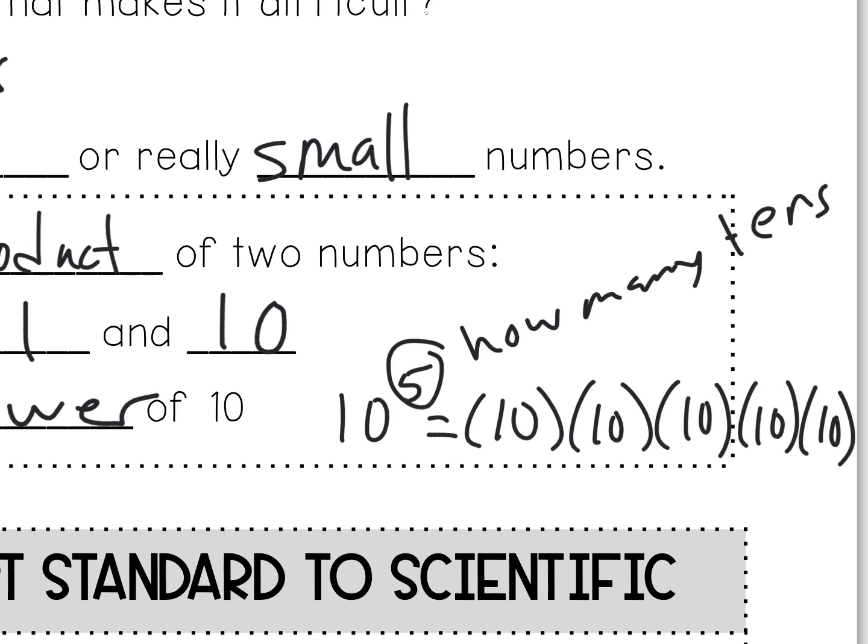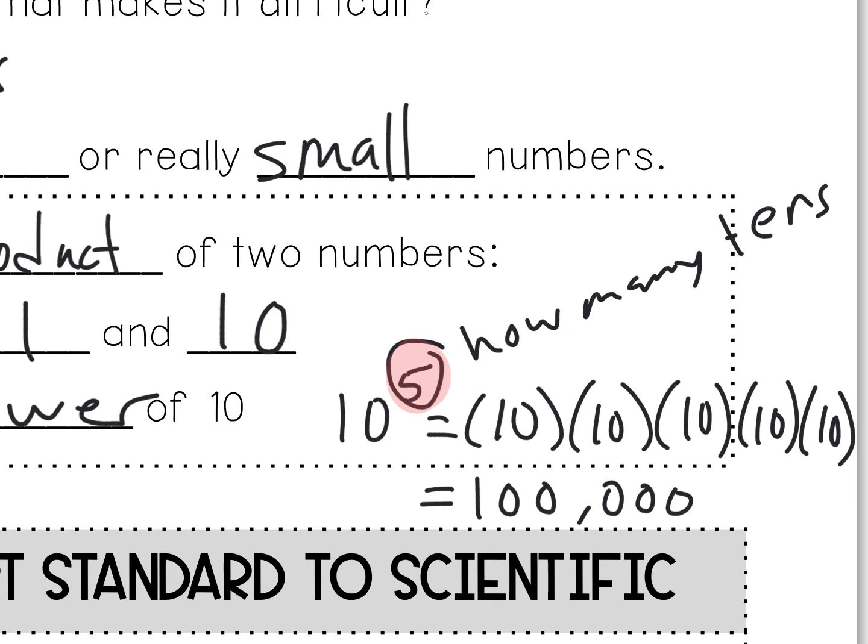Does that make sense so far? Now, what is that value? What's 10 times 10? 100. Times 10? 1,000. Times 10? 10,000. Times 10? 100,000. So this value is 100,000. How many zeros are in 100,000? 5.